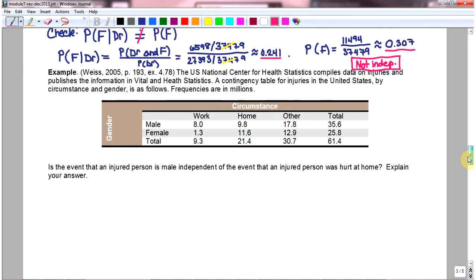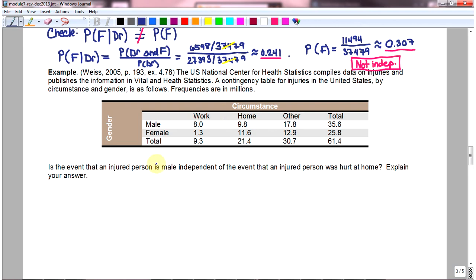Okay, going on to our next example. The U.S. National Center for Health Statistics compiles data on injuries and publishes the information in Vital and Health Statistics. A contingency table for injuries in the United States by circumstance and gender is as follows. Frequencies are in millions.